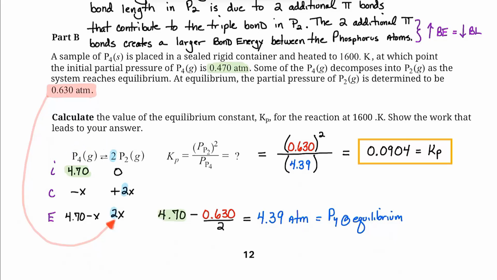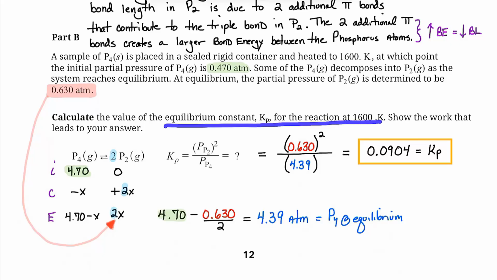And so when we get to equilibrium, it's going to be 0.47 minus X because we lose something, and this is going to be 2 times whatever X was lost. Except they told us that value was 0.630. So 2X equals 0.630.